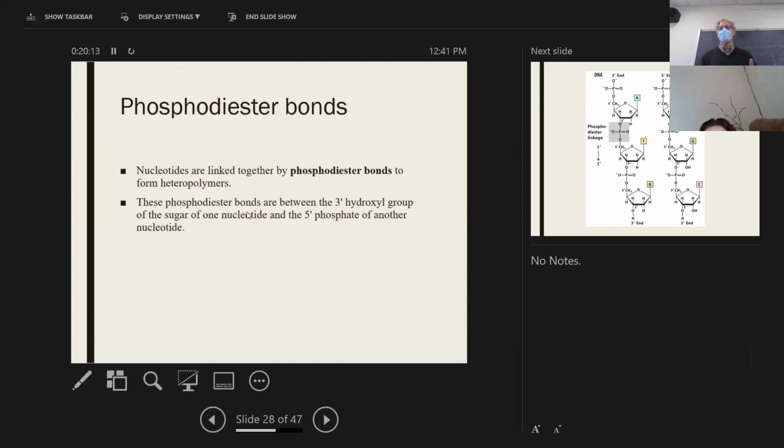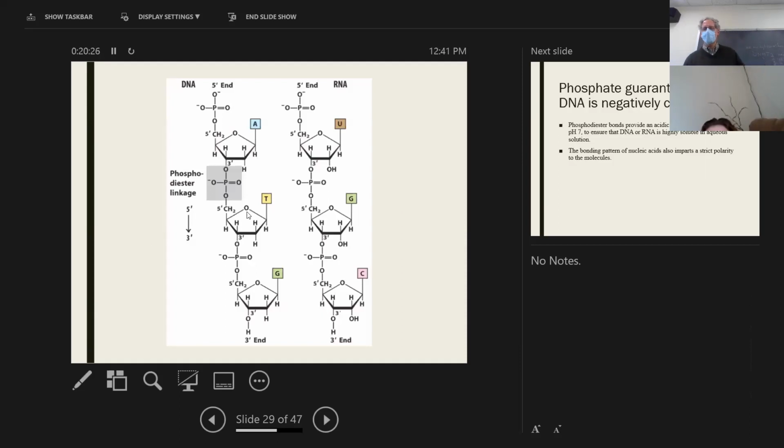Nucleotides, when you link them together, form phosphodiester bonds. This piece is easier understood when I show it to you. The phosphate attaches from the 3' here to the 5' here, 3', 5', 3', 5', 3', 5'.